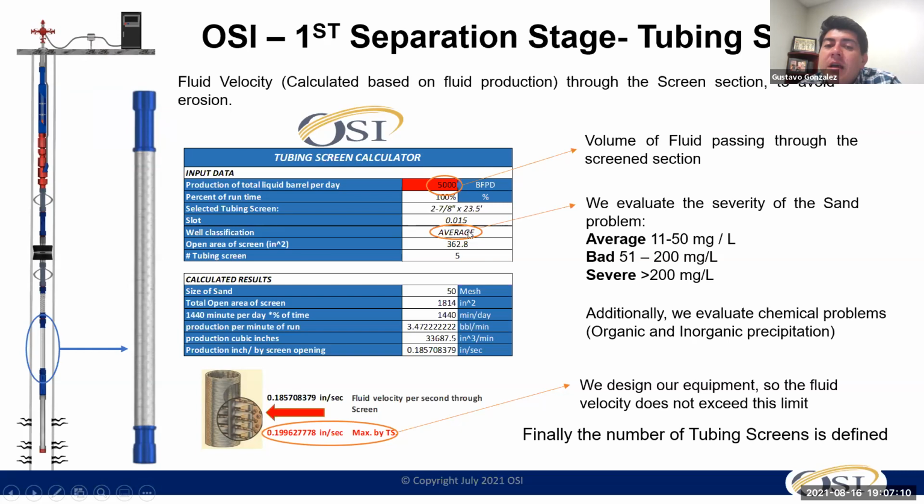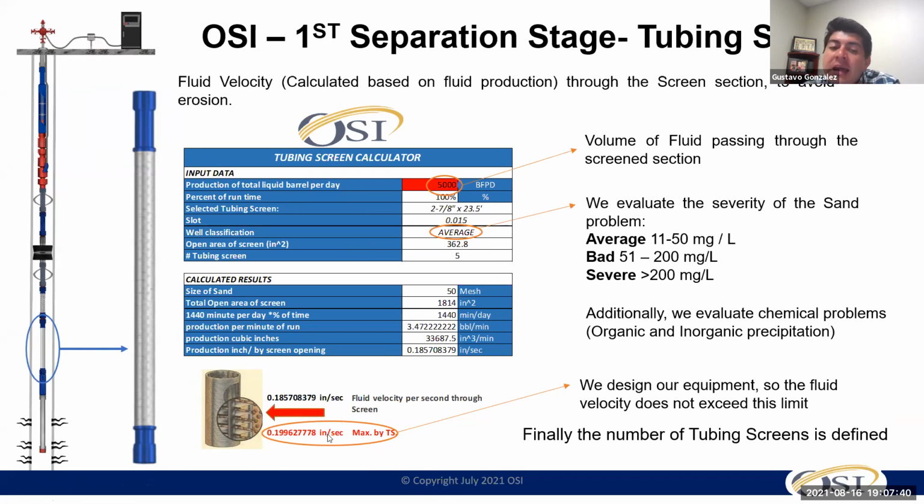So based on this classification and the opening that we're planning to use, the gap that we're using for that slot is going to determine the amount of open area. At the same time, after you enter the total fluid that is passing through, it's going to give you the fluid velocity going through the screen. That velocity is calculated based on how much fluid is passing through each of the small doors or rectangles that you have on the screen.